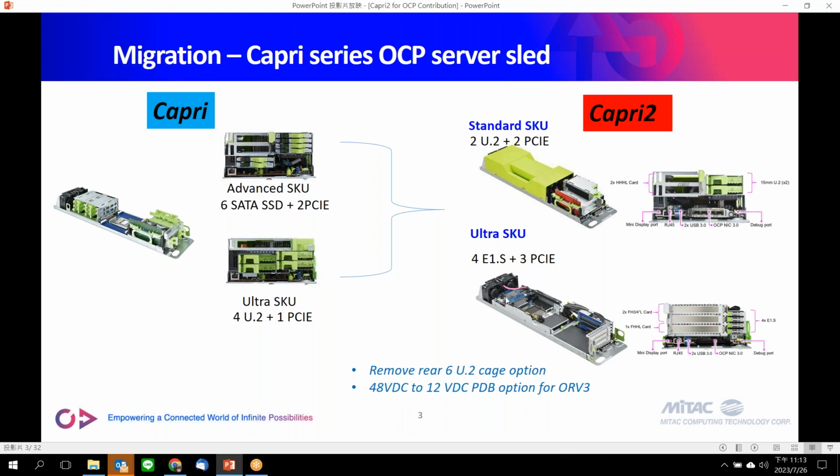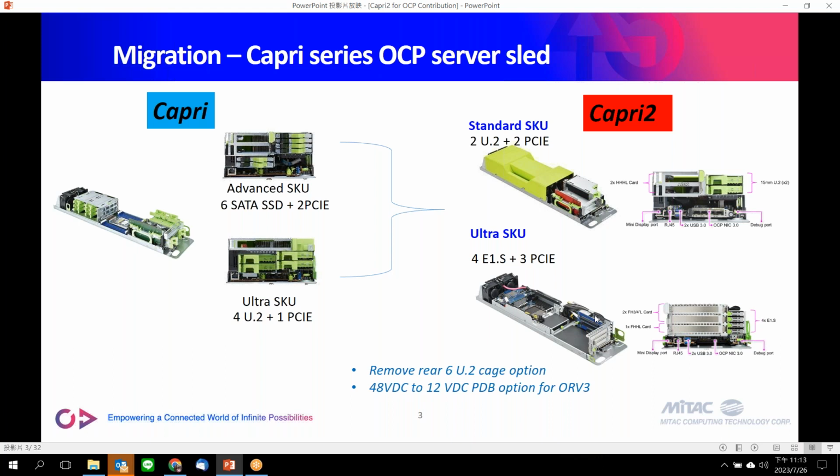And also we create another SKU that can support GPU cards. That's because we hear many voices from our customers, and they would like our product to support double wide GPU cards. So that's why we design this feature in Capri 2.